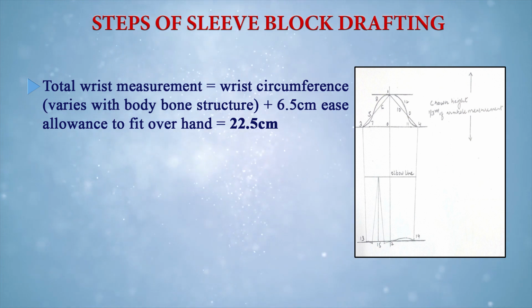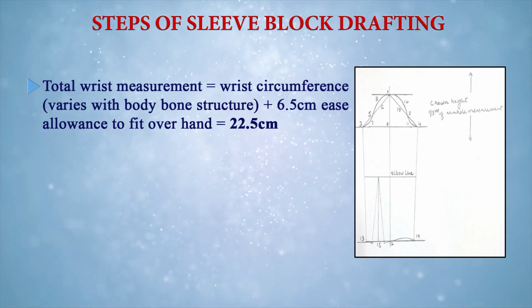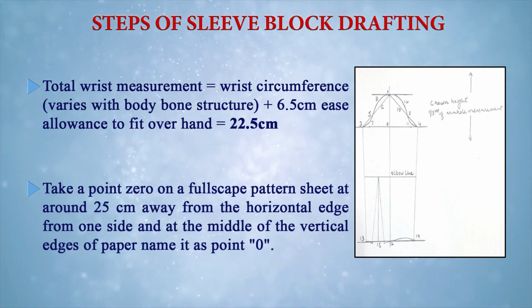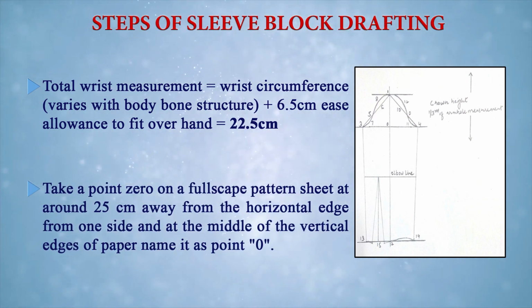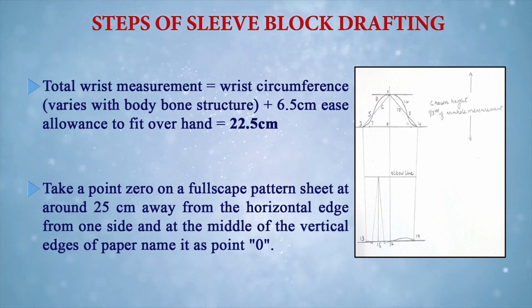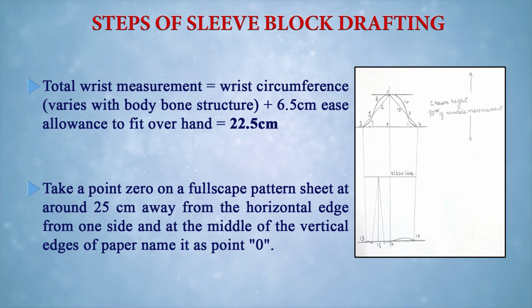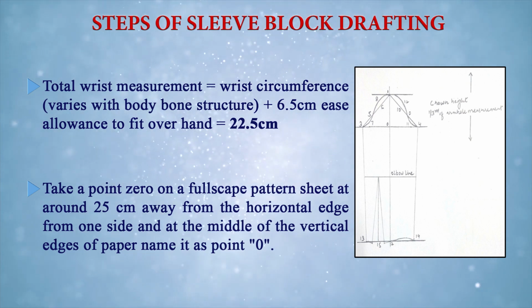Then, as we have done in the basic Bodice block, we take a point 0 on a full scape pattern sheet at around 25 centimeter away from the horizontal edge from one side and at the middle of the vertical edge of the paper, and name it 0.